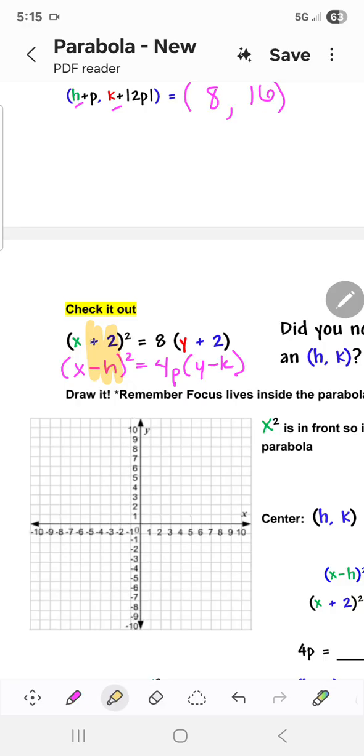I see a positive 2 here. Take the opposite. That means h is negative 2. Here, again, take the opposite. That means k is negative 2. So my h comma k is negative 2, negative 2.